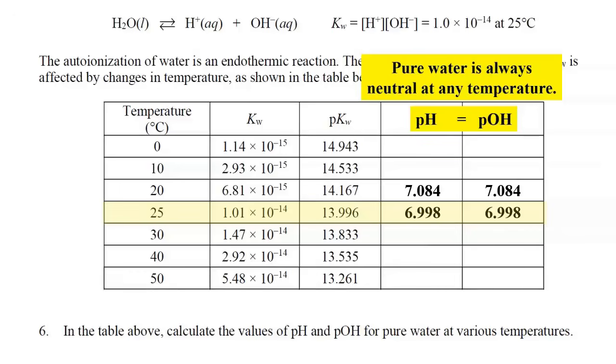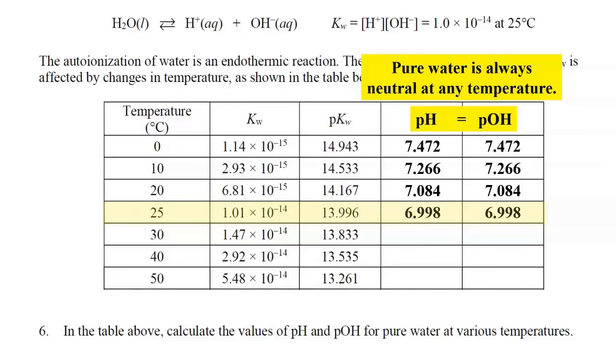We cut that number in half and we get 7.266. And at 0 degrees Celsius, the pKw of pure, neutral water is 14.943. We cut that number in half and we get 7.472. So we are not saying that at 0 degrees Celsius, water becomes basic. Water is neutral at any temperature. Pure water is always neutral at any temperature.